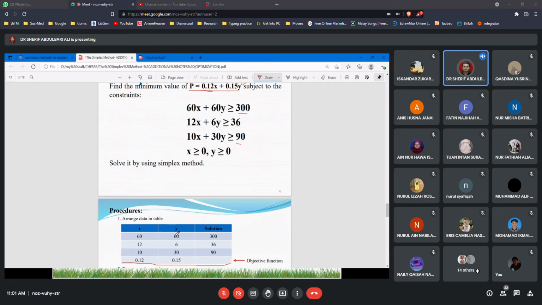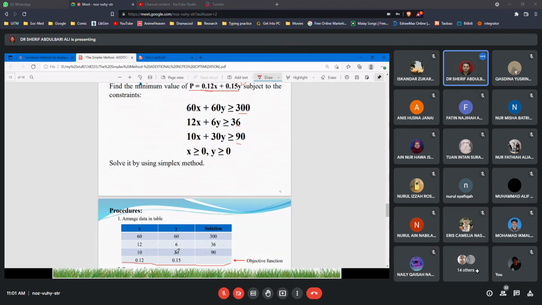Then 12, 6, 36. 10, 30, and 90. And the last one, you put the objective function, 0.12 and 0.15.